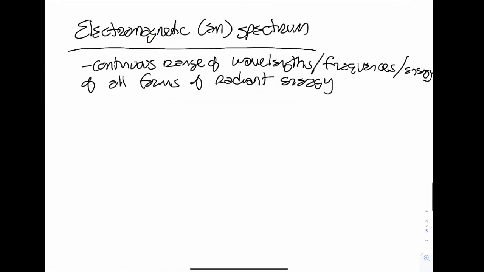So I'm going to have gamma rays at one end. And they're going to be my highest energy, my highest frequency, and my shortest wavelength. Remember, wavelength and frequency are inverted. So gamma rays. I will add those arrows after we do the different types.